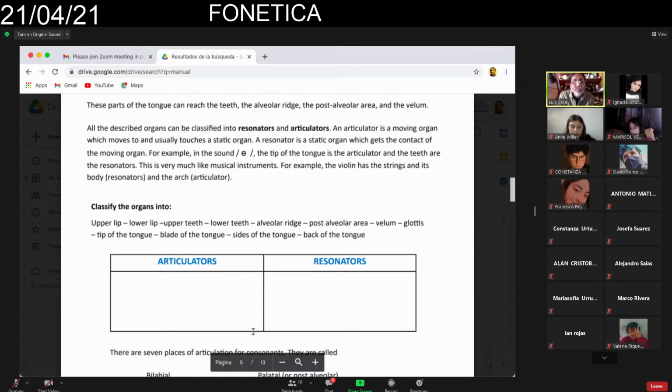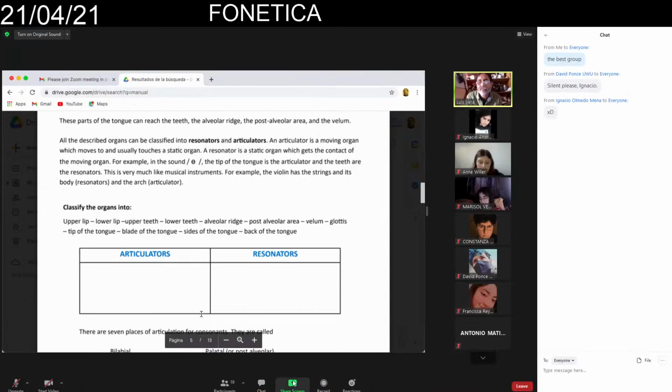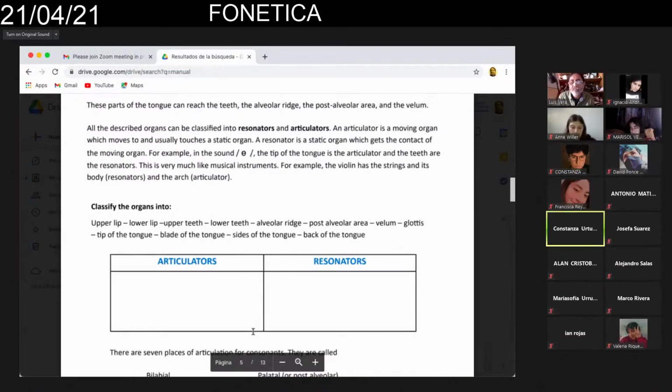Where would you put upper lip? Articulator or resonator? An articulator. Exactly, because you move your lips.